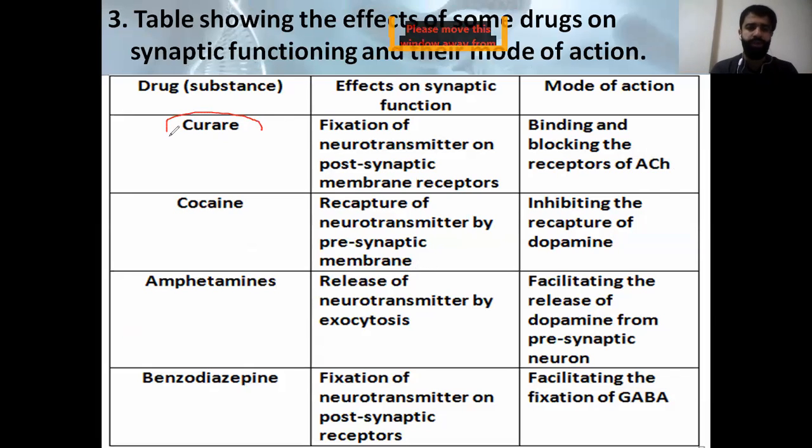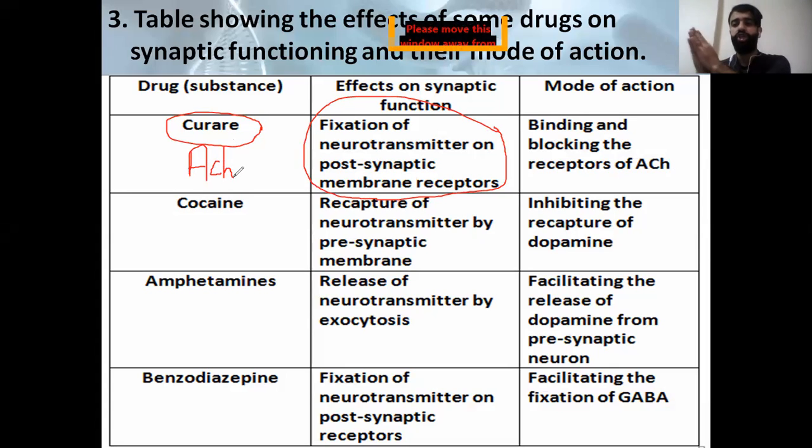Let's start first with Curer. It works at the level of the fixation of the neurotransmitter on the postsynaptic membrane receptor. As we said before, Curer and acetylcholine, ACh, have a highly similar spatial configuration.